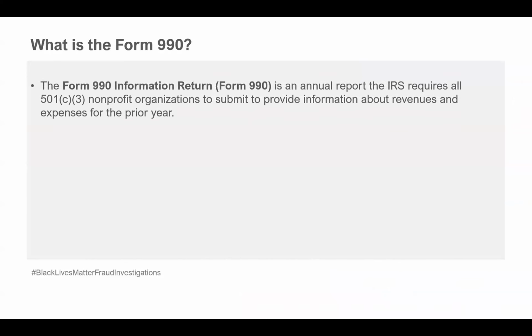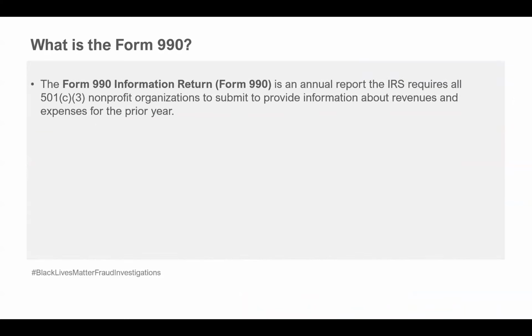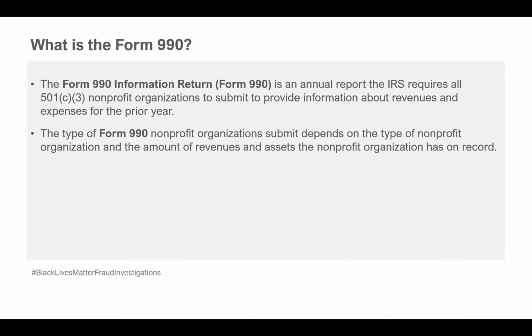So again, what is the Form 990? The Form 990 information return, or Form 990, is an annual report the IRS requires all 501c3 nonprofit organizations to submit to provide information about revenues and expenses for the prior year. The type of Form 990 nonprofit organizations submit depends on the type of nonprofit organization and the amount of revenues and assets the nonprofit organization has on record.